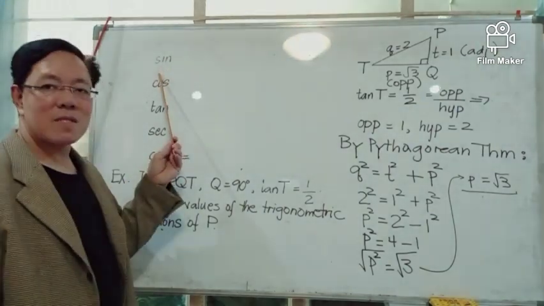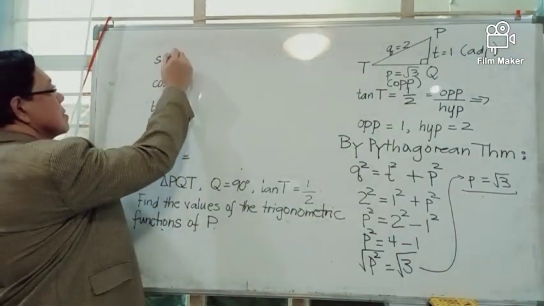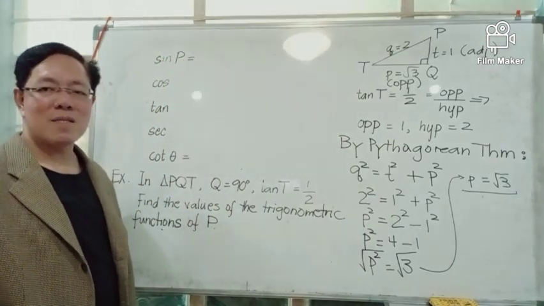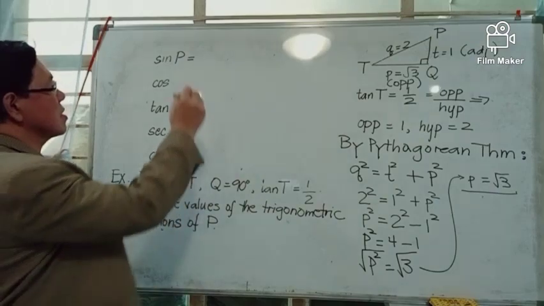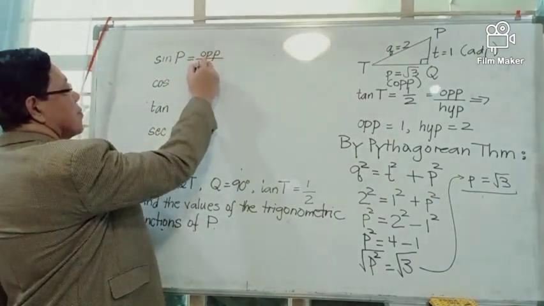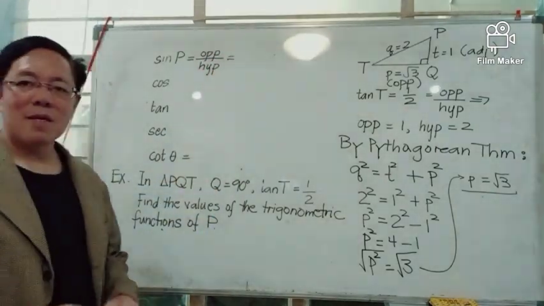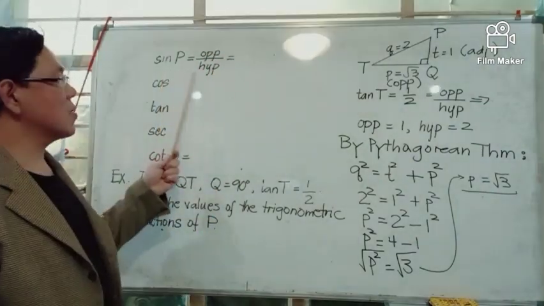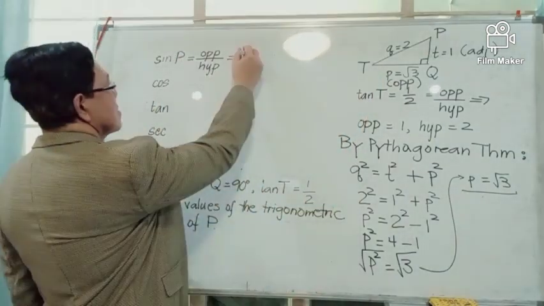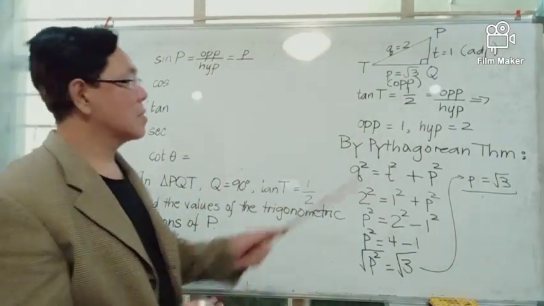We start with the sine of angle P. The sine of angle P is defined as the ratio of the opposite to the hypotenuse. The side opposite angle P is small p, divided by the hypotenuse.